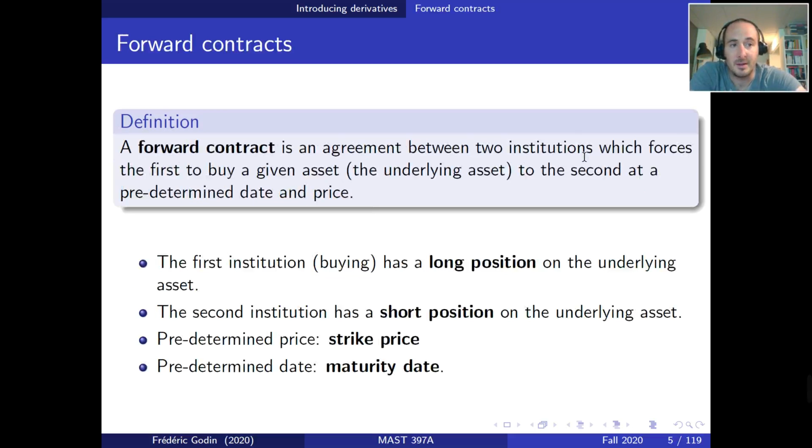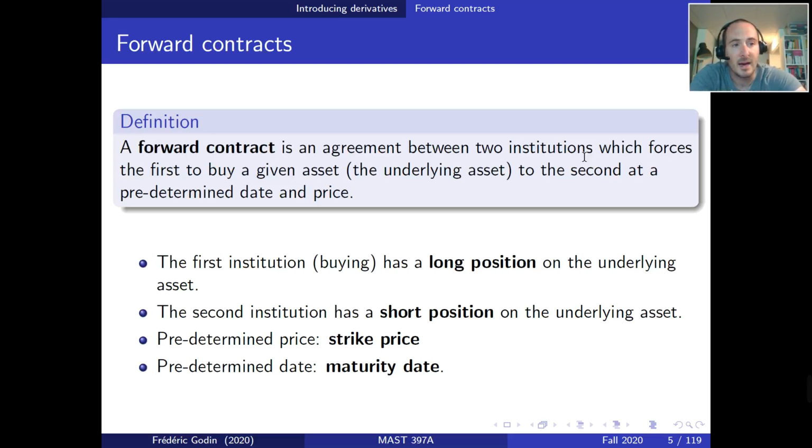So the first derivative we're going to study is a forward contract. What's a forward contract? It is an agreement between two institutions which forces the first one to buy some asset from the second at a predetermined date and a predetermined price.